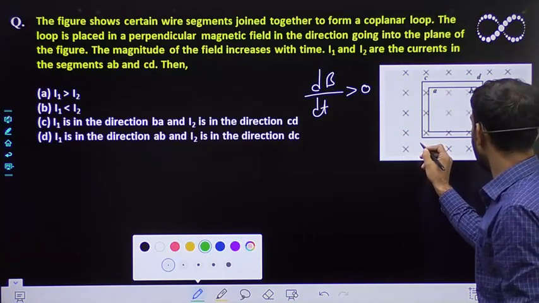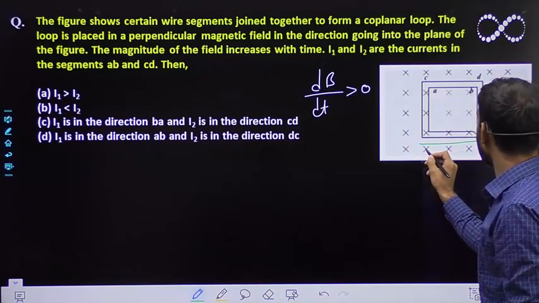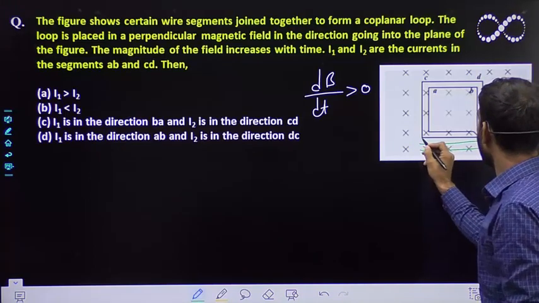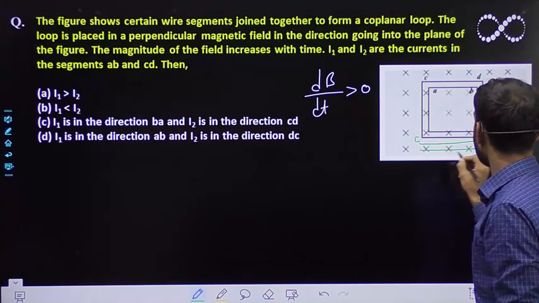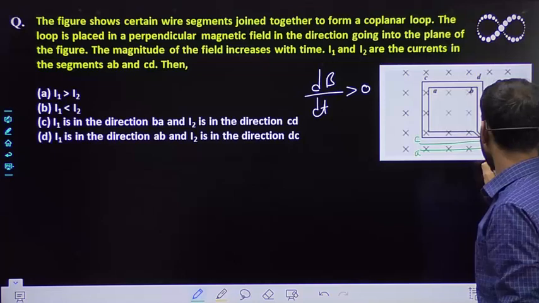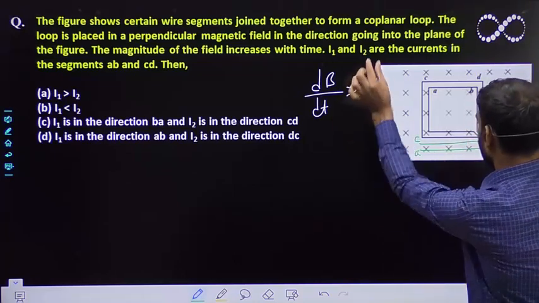So if I make it straight, this will be CD, and this will be AB. So this is your C, D, this is your A, B, and this way I can extend it.